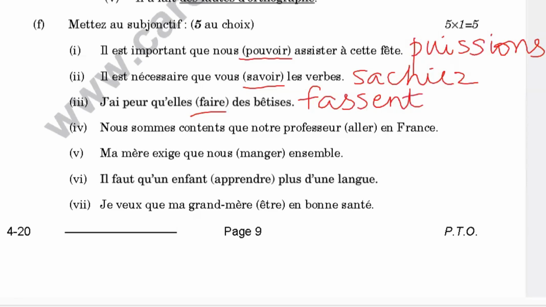See, the irregular ones are so easy, no cutting, nothing required. Just learn the conjugation by heart of these irregular verbs. Then we have the verb aller. Does it come in the irregular list? Yes. So AILLE.